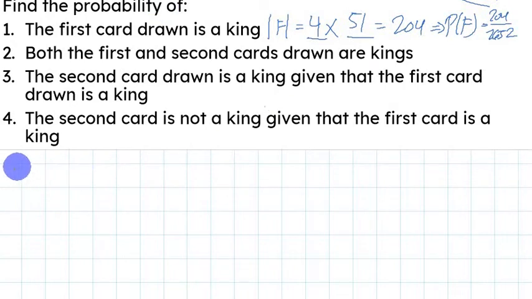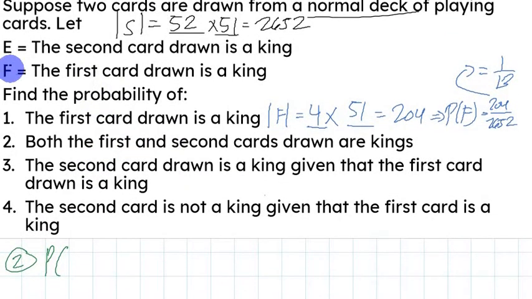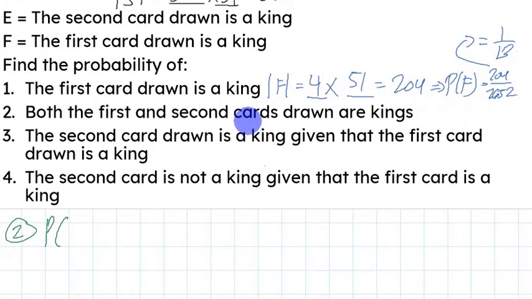So number 2. Both the first and the second drawn cards are kings. So that would mean I'm getting the probability of F and E, first and second drawn cards are kings. Probability of F and E. So, both cards I will draw would be kings.